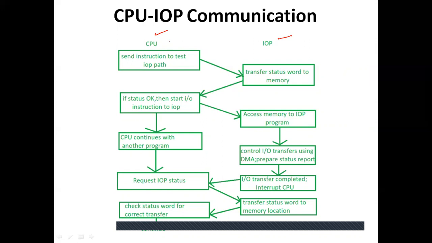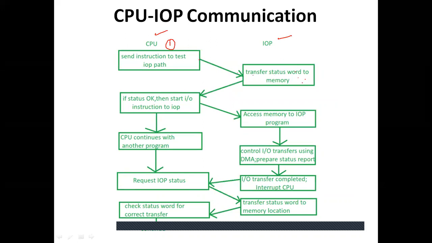Why is that instruction sent? To test whether the IOP is free or not. The IOP responds by inserting a status word into the memory for the CPU to check.